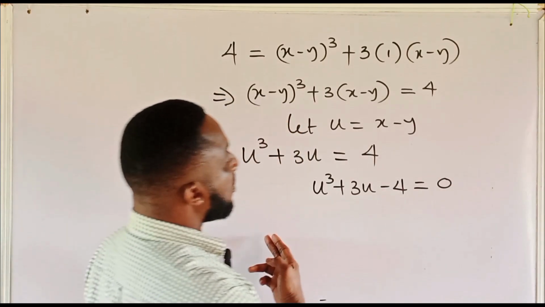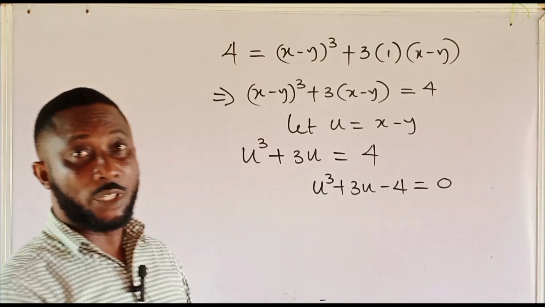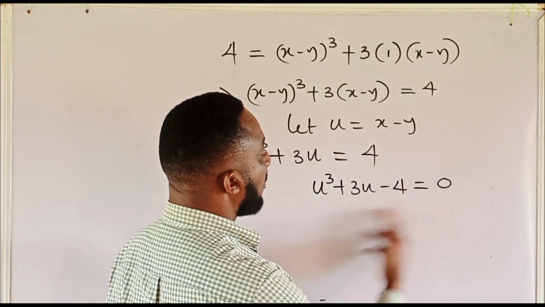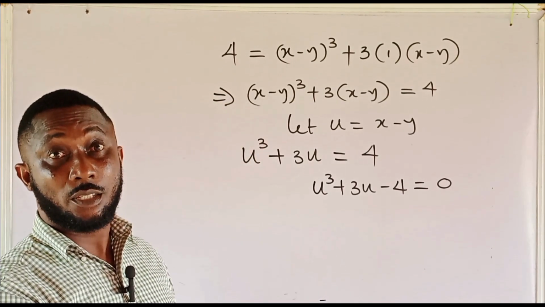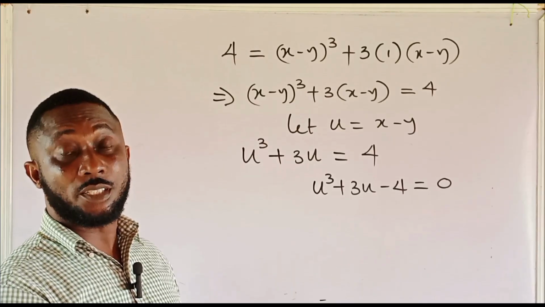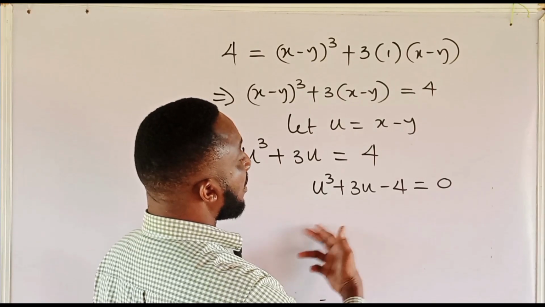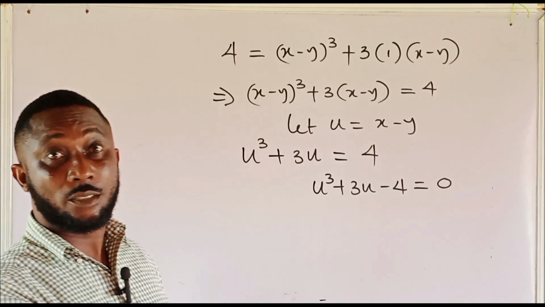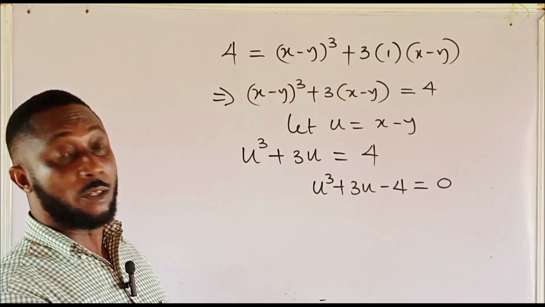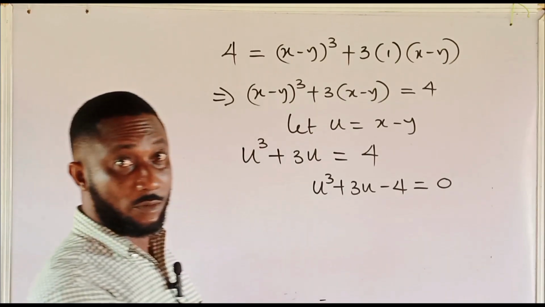Now, because this cubic equation is easily factorable, there is no need for me to use trial and error or synthetic division. By guessing and checking, you can see that u equal to 1 is actually a root of this equation.